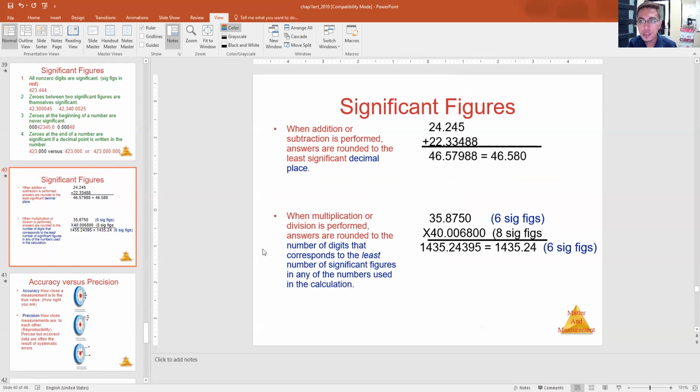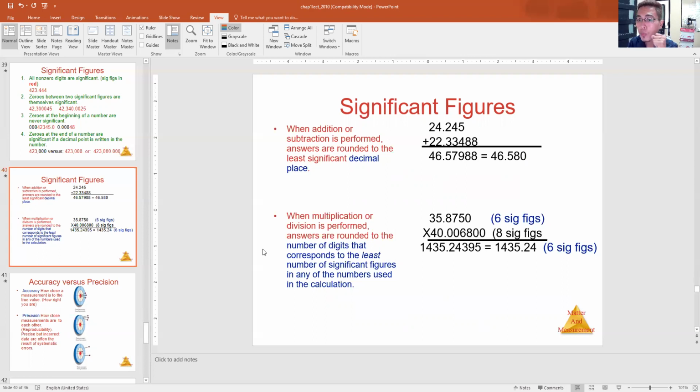The significant figure rule for that is you round the answer to the least significant decimal place. So from your given numbers, 24.245 and 22.33488, the least precise is 24.245, so you round the answer 46.57988.